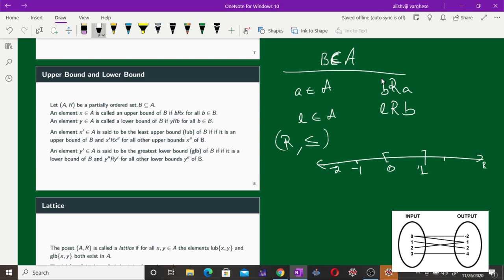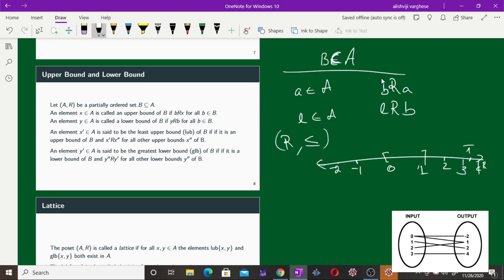In a similar way, we can find the upper bounds. If you take 2, then 1 is related to 2, 0 is related to 2, 0.5 is less than 2. So any element between 0 and 1 is less than 2, and 2 is an upper bound. There are infinitely many other upper bounds like 3 or 4, or in between we can have the number pi.